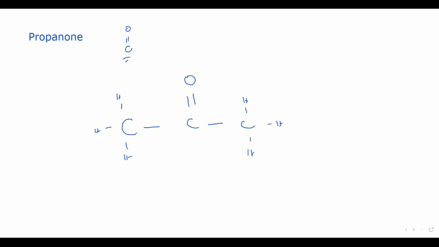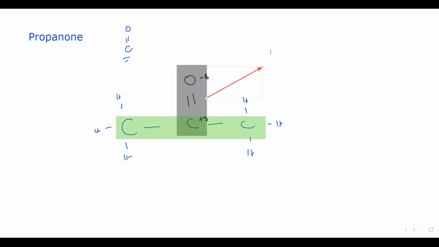So when we check the part with C double bonded with O, this oxygen is more electronegative, so partial negative and partial positive. And between carbon and carbon, they don't have a permanent dipole. So the bond between C and O leads to dipole force.